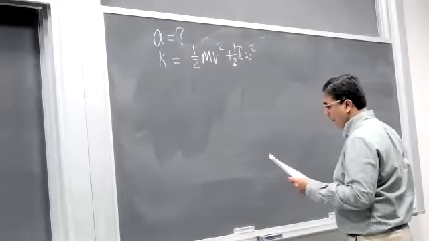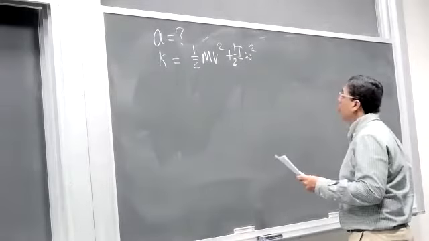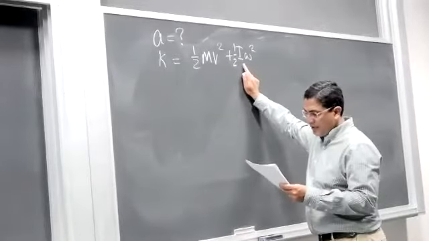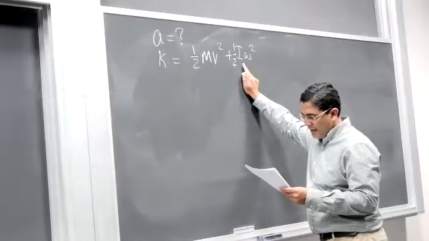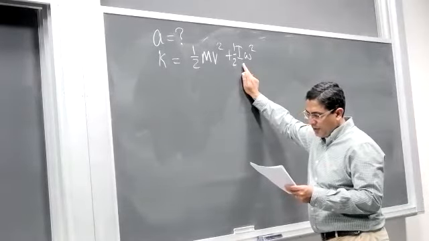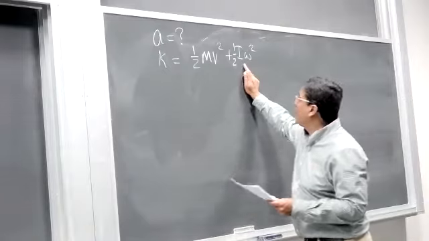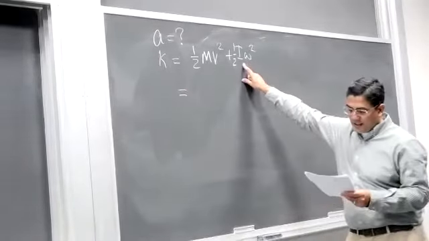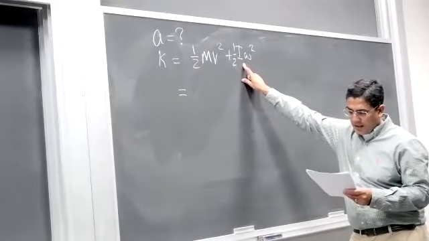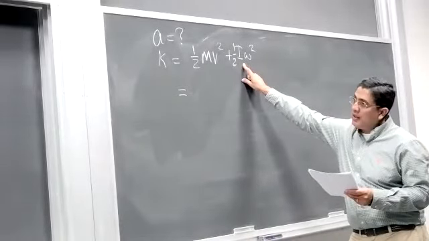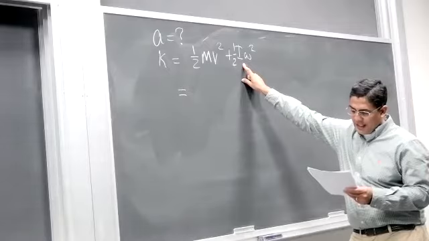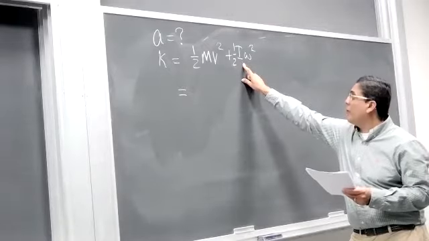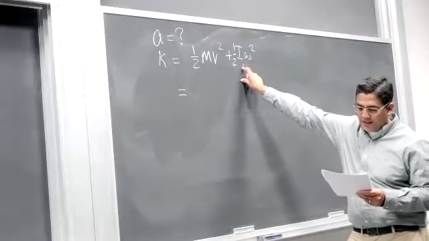Okay. Now again, if you substitute I here as you did previously and omega, both of them, and then simplify this. So again, substitute I equals half mr squared and omega equals V over R, and simplify this, please.